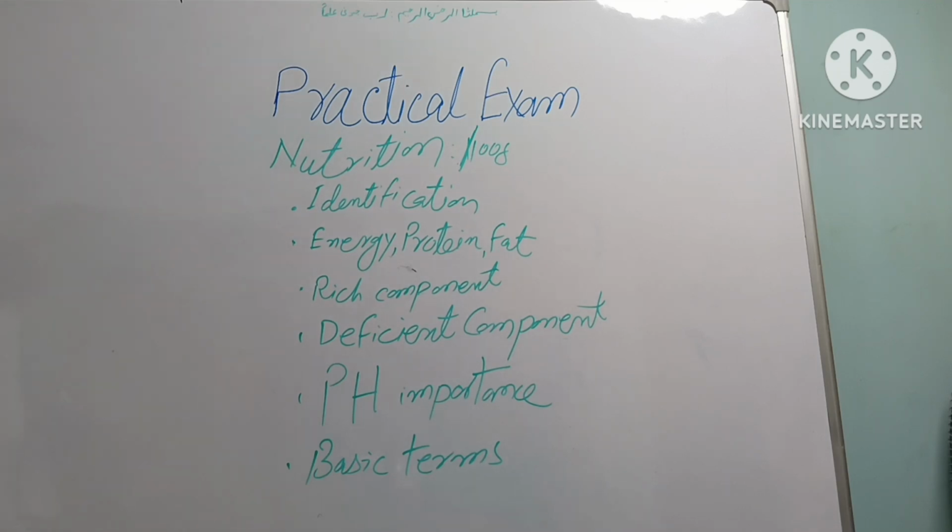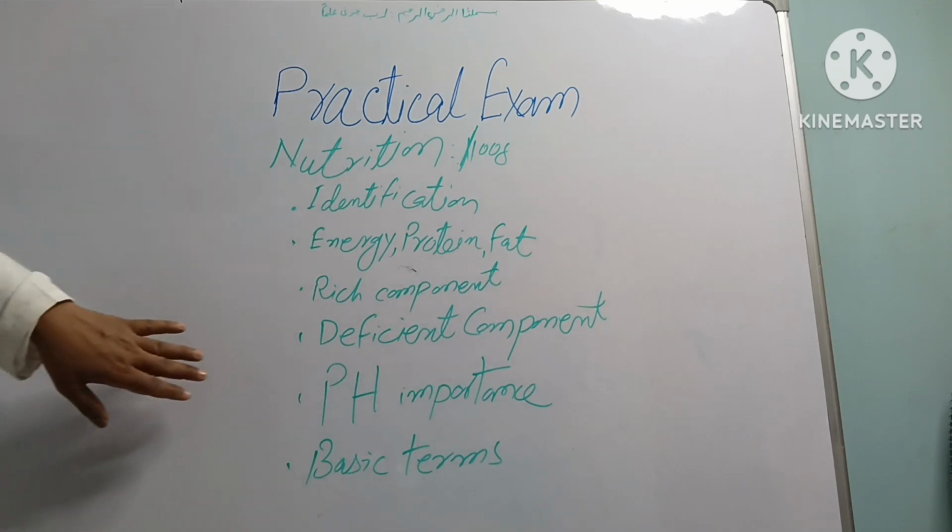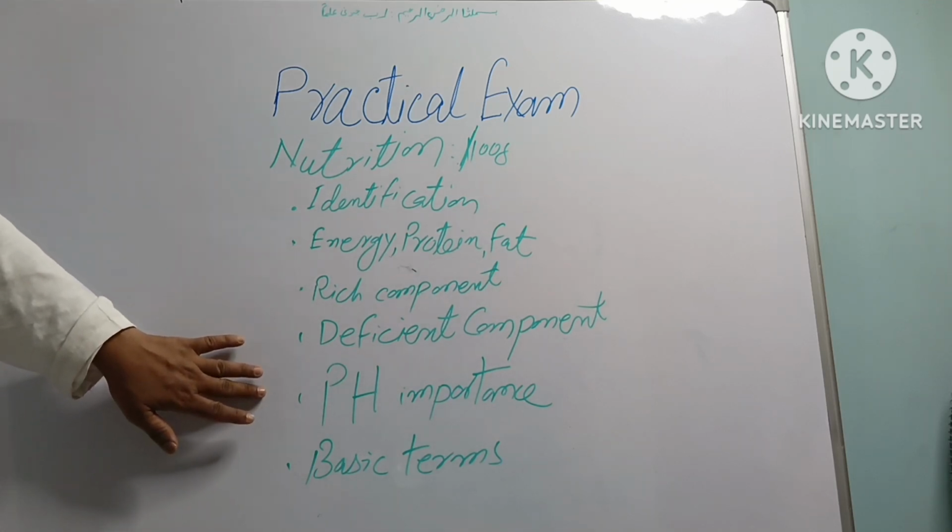For example, cereals are deficient in lysine and threonine, and pulses are deficient in cysteine and methionine, i.e. sulfur containing amino acids. Then what is the public health importance?